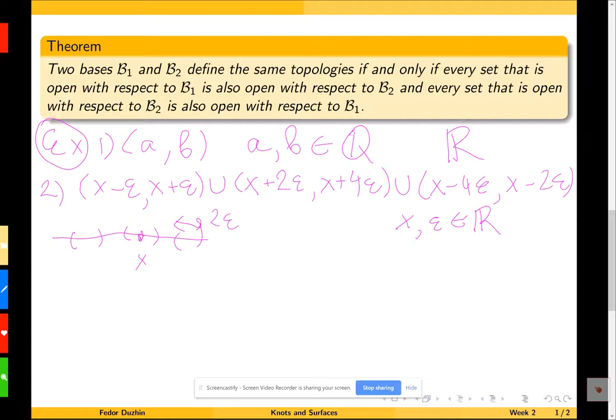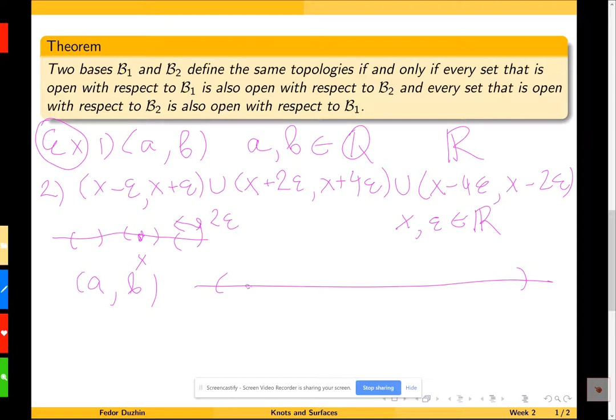So to verify it, we need first to check that every set that is open with respect to the first topology is also going to be open with respect to the second topology, which boils down to verifying that every basis set of the first topology is open with respect to the second topology. So we need to verify that every interval from A to B is going to be open with respect to the second topology. How do we do that? We take an interval from A to B on the real line.